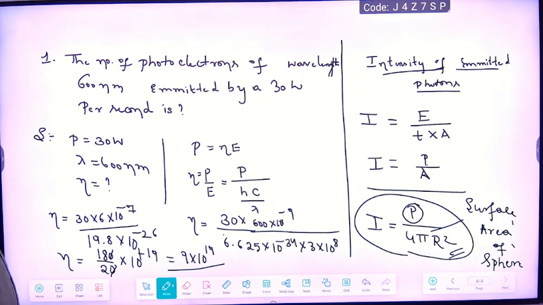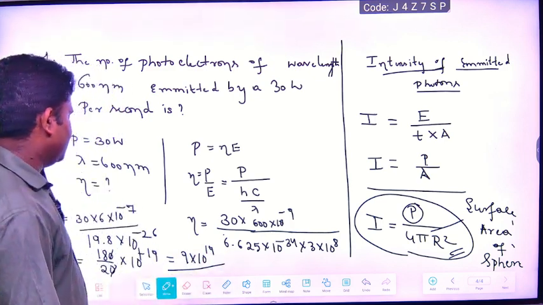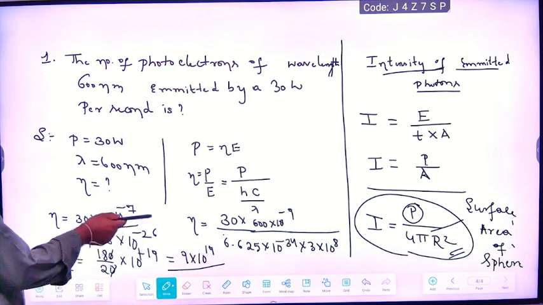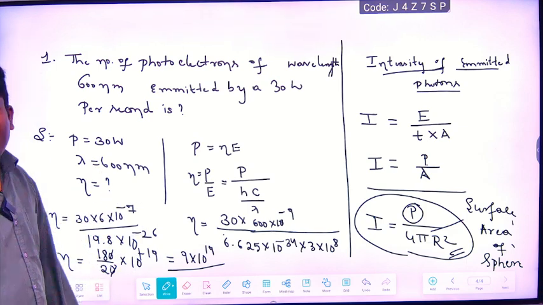No, it's not possible. Correct, right? 9 into 10 to the power of 19, okay, that is the answer, the number of photons. Minus 26, if you go, it will become plus 26. Plus 26 minus 7 is plus 19.